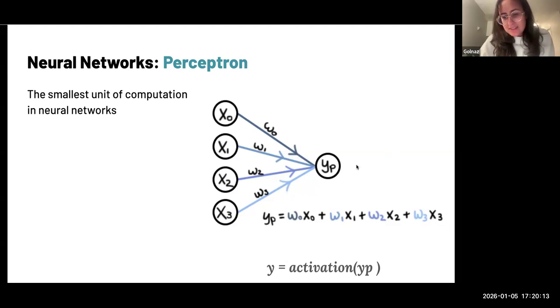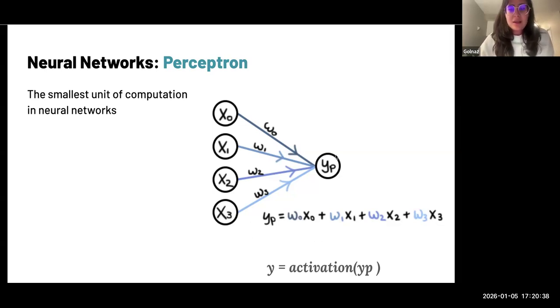But after this computation, which we call a linear computation because these W's, which I call coefficients for now, are just linearly multiplied by all these features that we have.